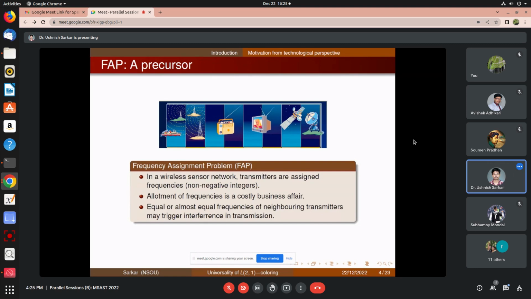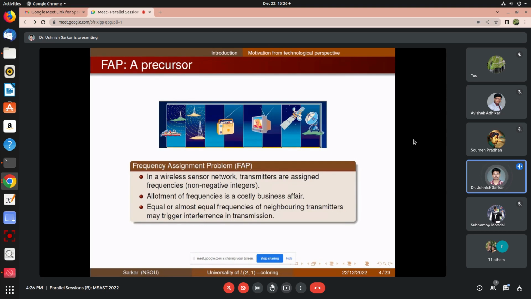Now we shall talk about the frequency assignment problem, which is abbreviated as FAP. As is evident from the name itself, it is the task of assigning frequencies to the transmitters, or better said transceivers, in a wireless sensor network.